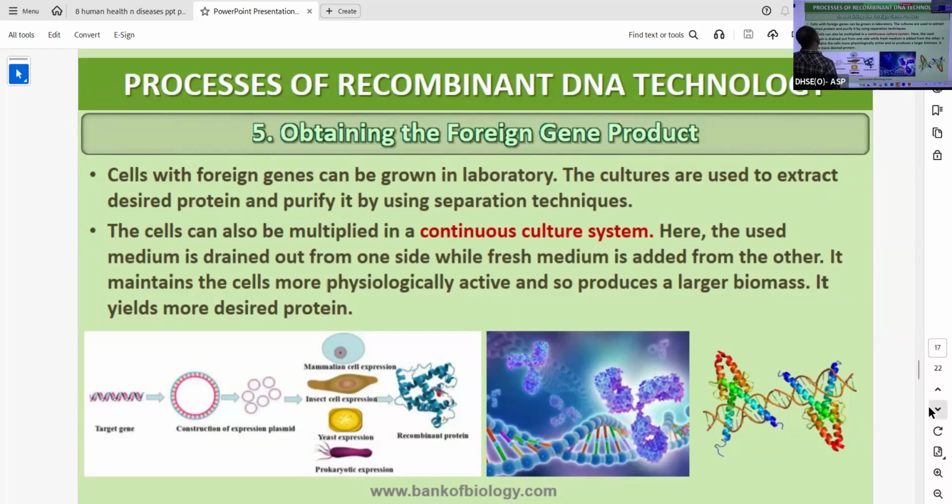It yields more desired proteins. Now it maintains the cells more physiologically active and so produces larger biomass, continuously multiplying and increasing in volume as well as in number, hence larger biomass.